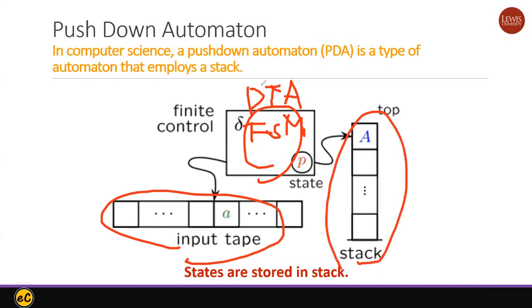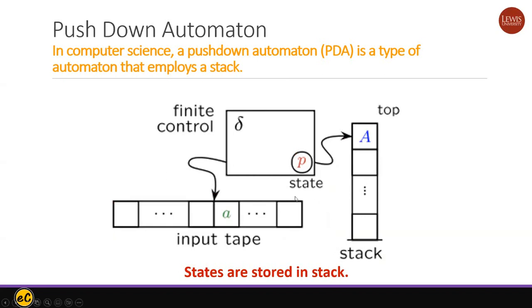Okay, that's a push-down automata. And with this stack, you can do more, and you can create a context-free grammar. Okay, and we will talk about it later in lecture 11.